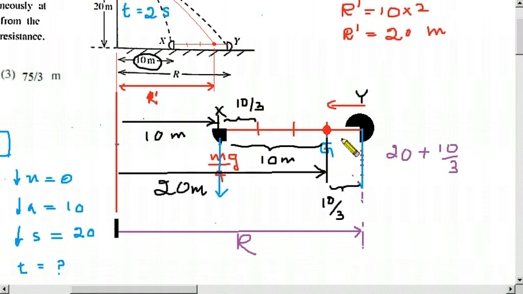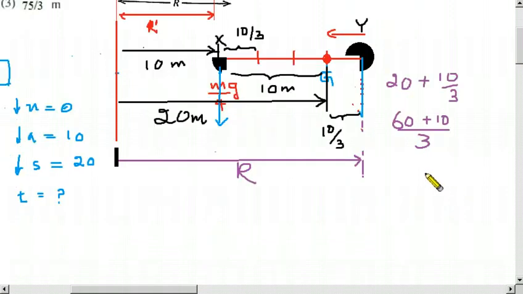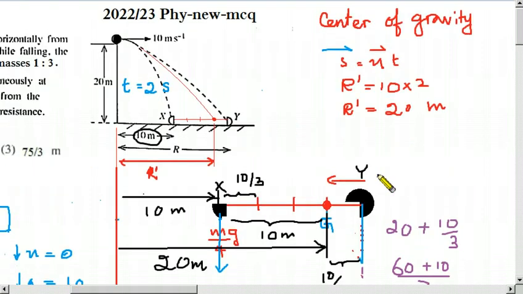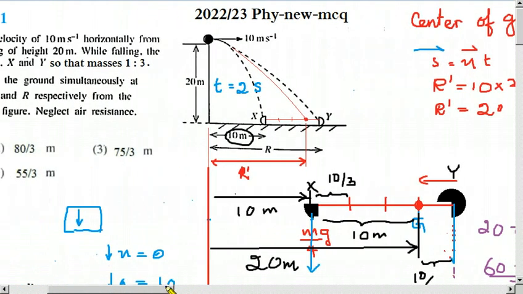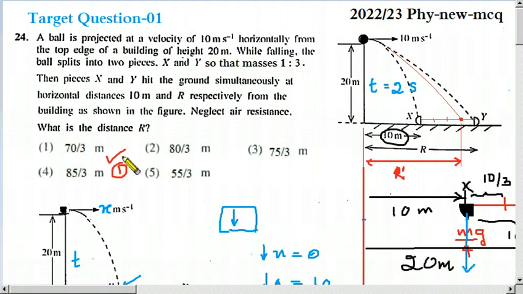So here is also one part, this one also one part, whatever, these parts are equal. So 20 plus, taking common denominator 3, 60 plus 10, 70 divided by 3. The same answer we received.